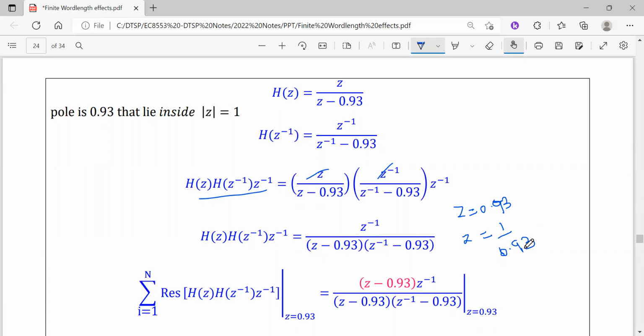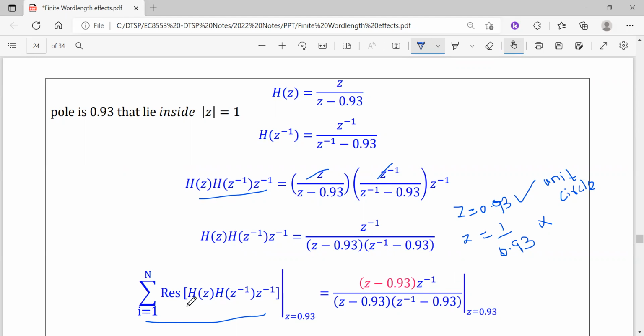If we analyze these two, only the first pole lies inside the unit circle, whereas the second pole, the value of which will be greater than 1, will not lie within the unit circle. So while calculating the residue, we have to consider only the pole that lies inside the unit circle. It is enough to find the residue of only one pole, which is z is equal to 0.93. We can neglect the second pole. No need to find the residue for this particular pole.